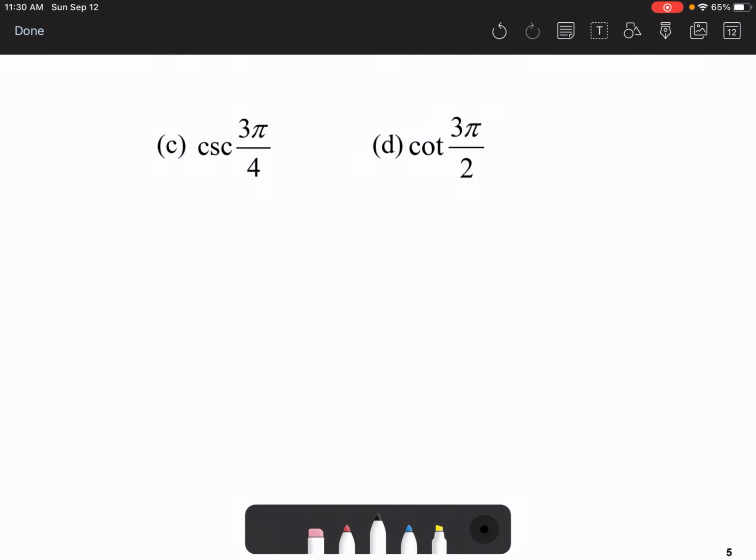Okay, so the angle 3 pi over 4. Pi over 4 is right here. It gives us a related acute angle of pi over 4.